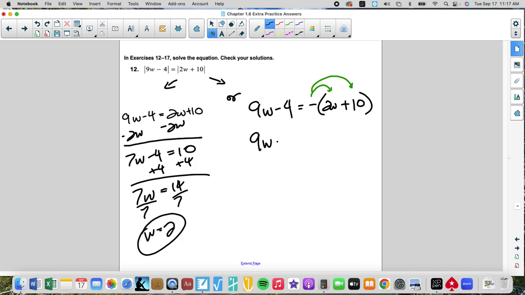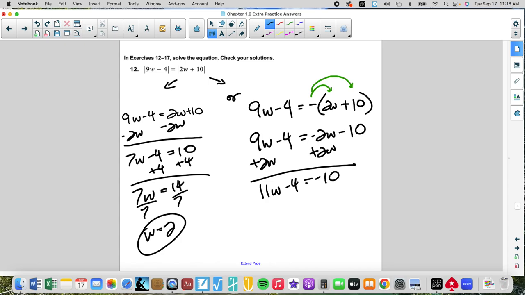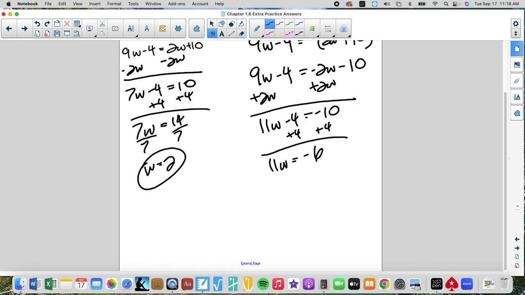So 9w minus 4 equals negative 2w minus 10. We're going to add 2w, add 2w. That's 11w minus 4 equals negative 10. Add 4, add 4. 11w equals negative 6. Divide by 11, w equals negative 6/11. Those are my 2 solutions.